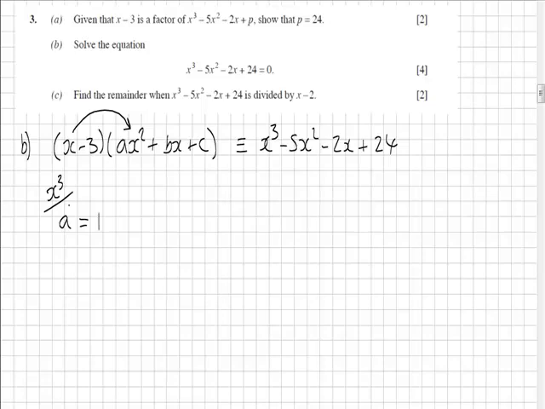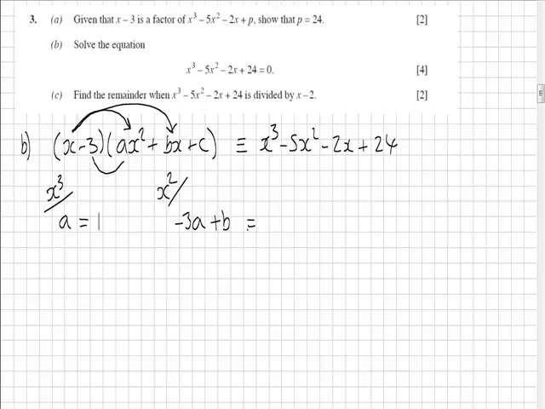The other thing we can obviously examine now are the x squared coefficients. If we look at the left hand side, we have two ways of making an x squared expression here. Minus 3 times ax squared would give you minus 3ax squared. But don't forget x times bx, which gives you bx squared. So that's minus 3a plus b.